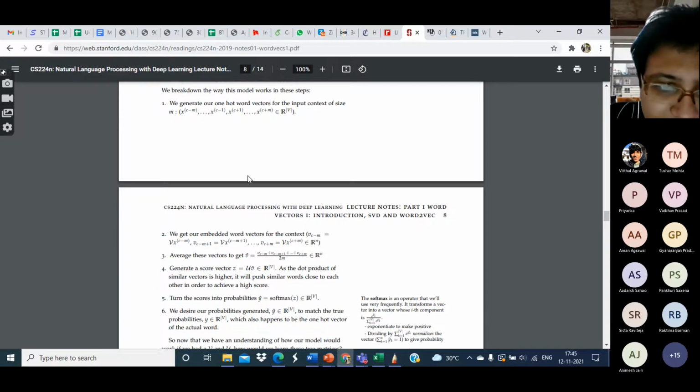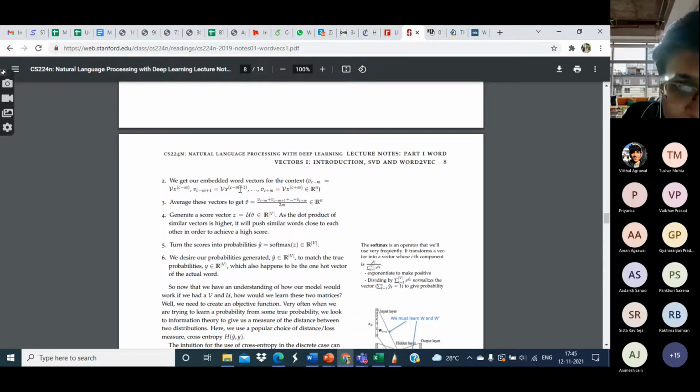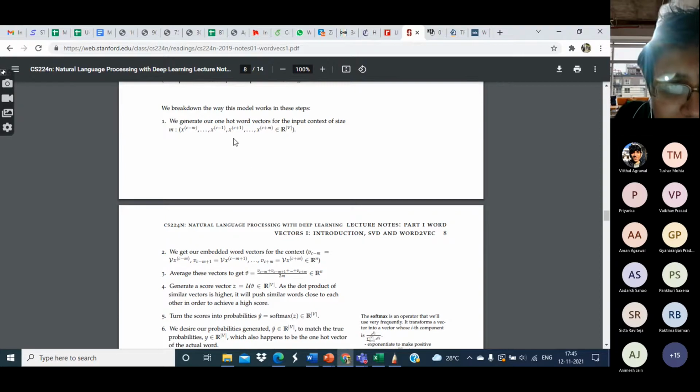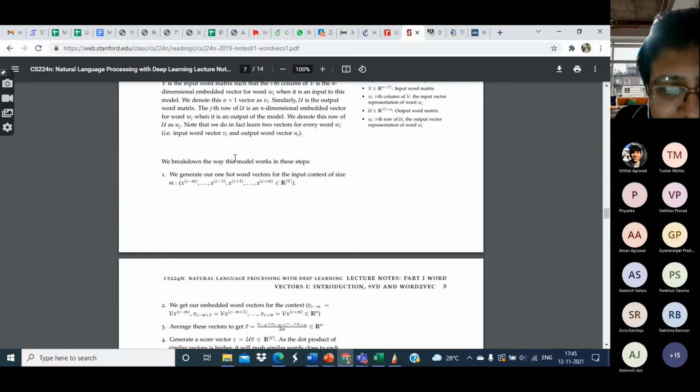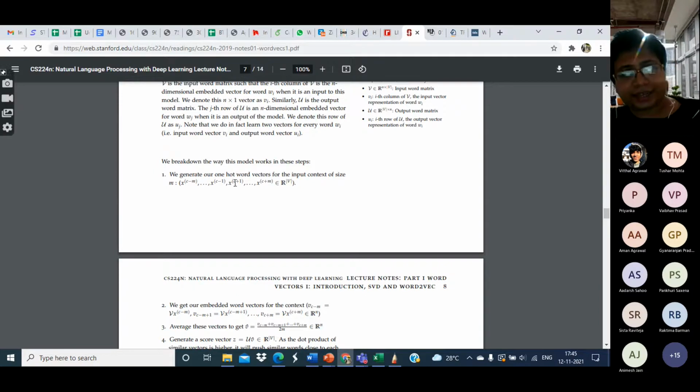Suppose you have a sentence and you are focusing on the cth word, the word in position c in that sentence. Let's denote that as xc, and then you consider the context of length m on both sides, that is from xc minus m to xc minus 1 on one side, and xc plus 1 to xc plus m on the other side. So these are basically the context words. In between, of course, the word xc is sitting.